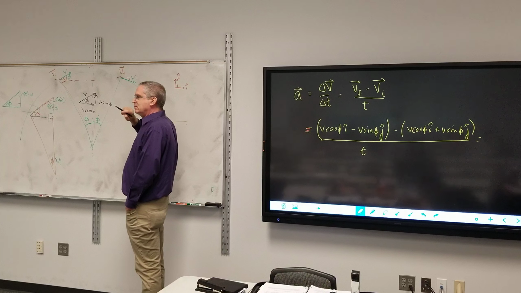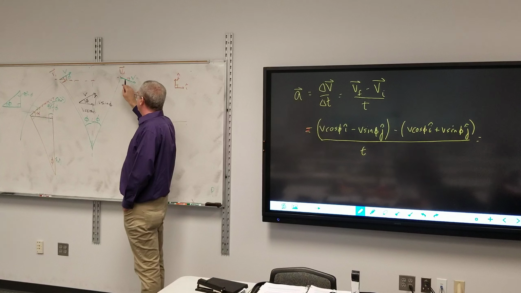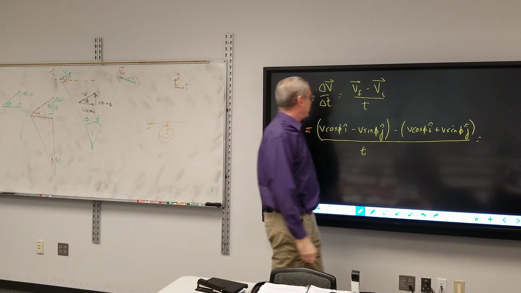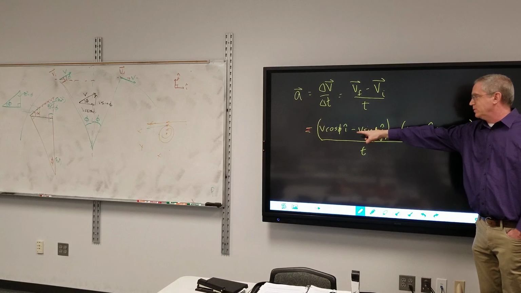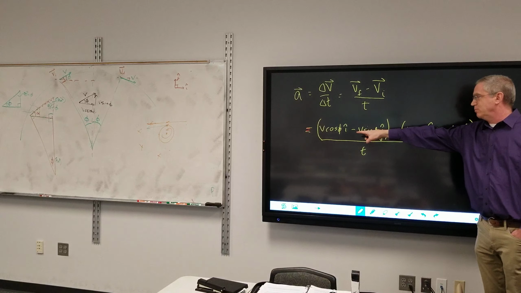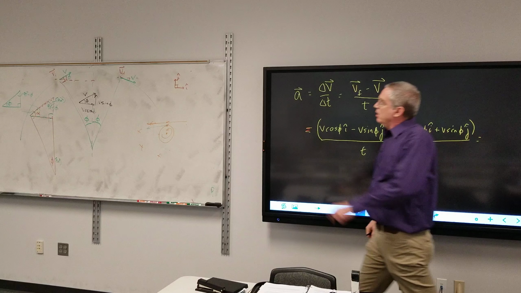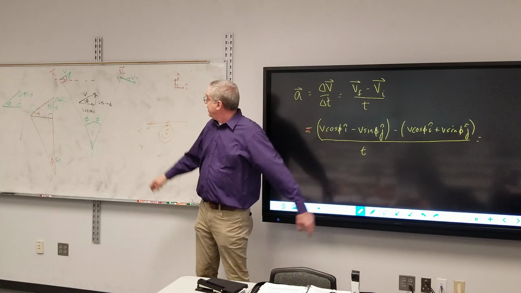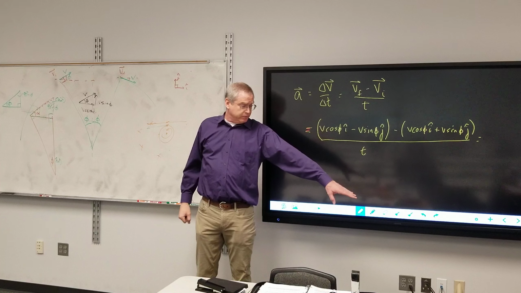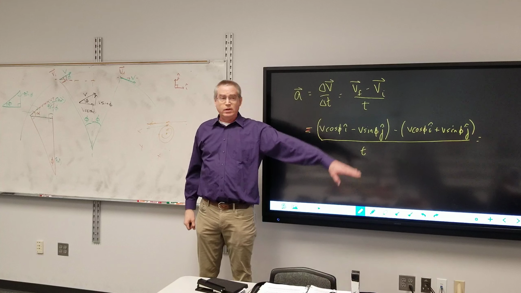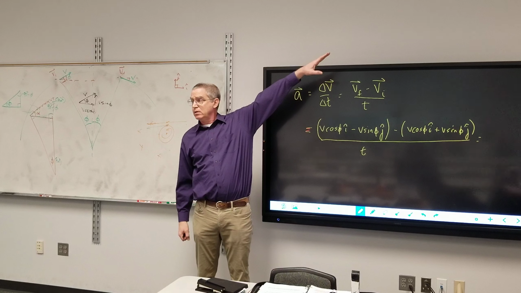Same angle, same magnitude. The big difference is that this is a negative, so minus the j hat component, and this is plus the j hat component. Why is that again? Because the final velocity is going down like that, and I define j hat to be up. Final velocity is down like that, so there's a downward j hat component, and the initial is up.